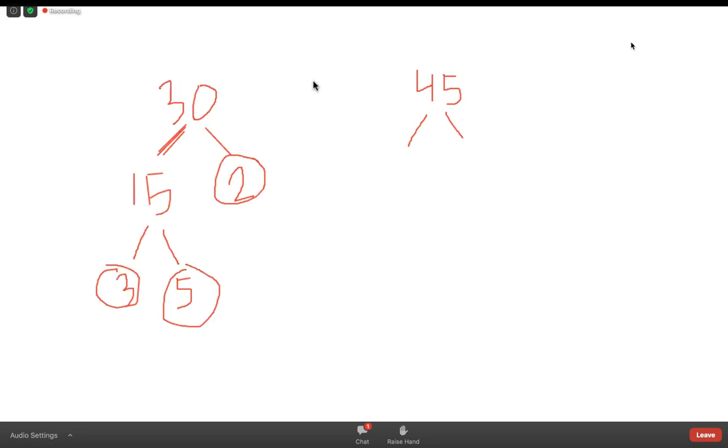Can you give me the factor tree for 45? So, 15. Good. 3. Uh-huh. And then divide 15. 5.